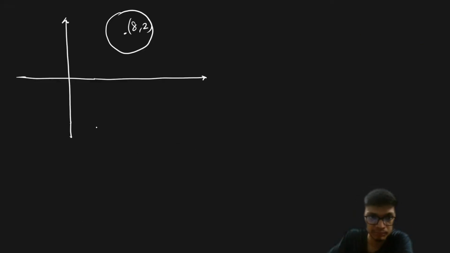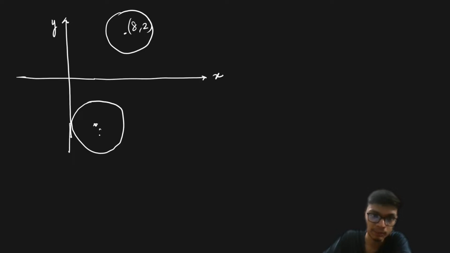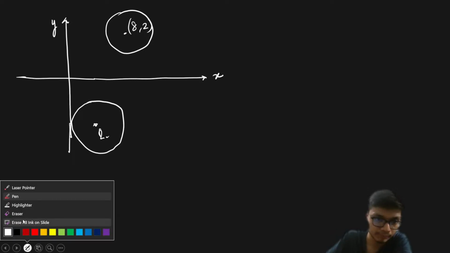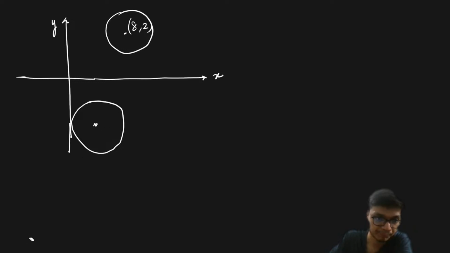So 2 comma minus 6 will be something over here, and the radius is 2. So it is touching the y-axis. It will definitely touch the y-axis over here, something like this. That is given as 2 comma minus 6.